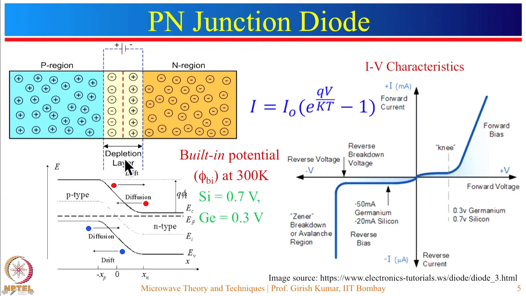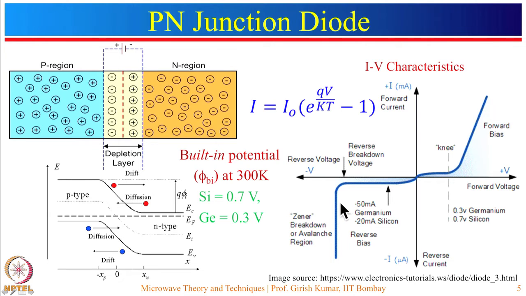So, the depletion layer width will increase and it will restrict the flow of current. So, you can see in reverse mode there is very little current, which is equivalent to the reverse saturation current.